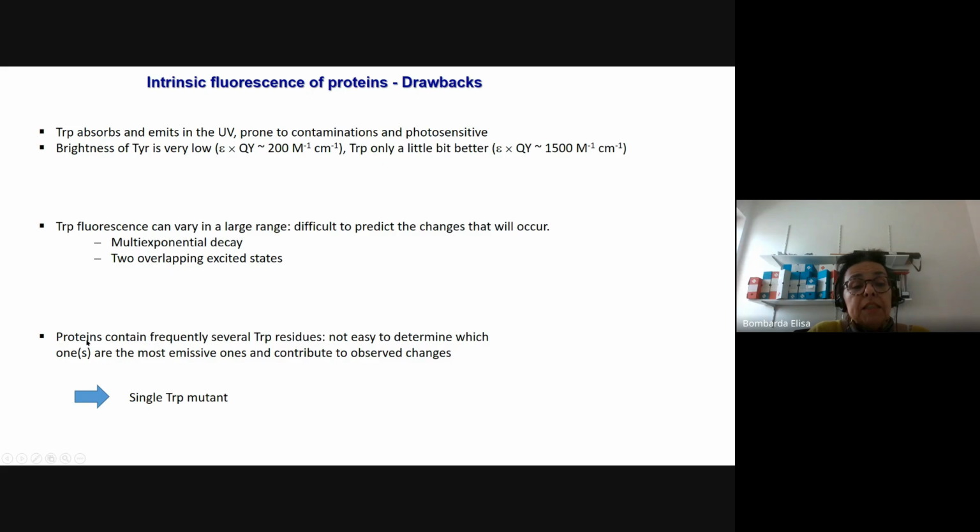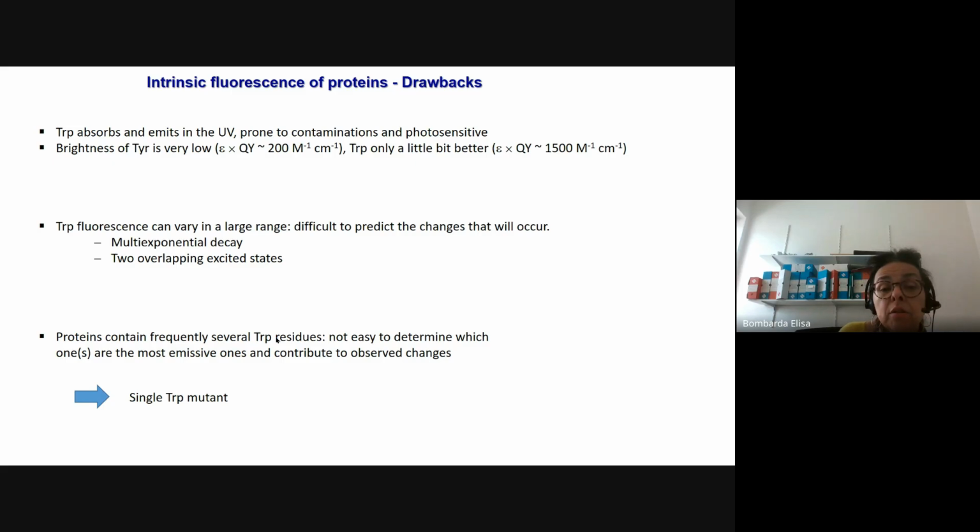Then we say that tryptophans are rare in proteins, but anyway, there are many proteins that have more than one tryptophan, 2, 3, 6, so it can happen. Even if it's less frequent than other amino acids, a multi-tryptophan protein can exist.